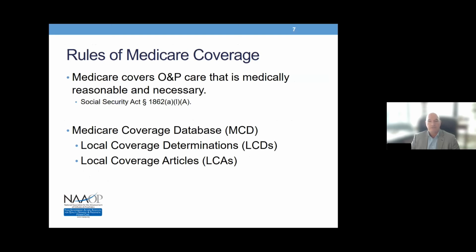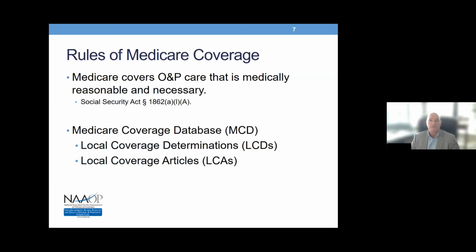There's a large database that can be accessed online through the CMS website, which can give all kinds of detail about what the Medicare program has determined it covers and what it does not cover. Many of those policies have been converted and expounded upon in the form of local coverage determinations, which are principally designed by either CMS or the Medicare DME MACs in the orthotic and prosthetic space.